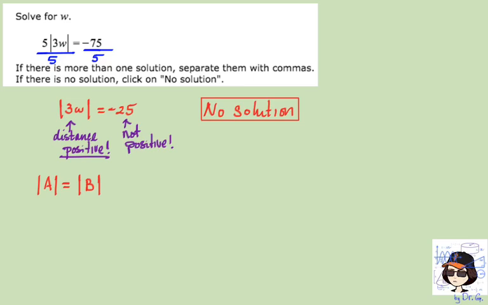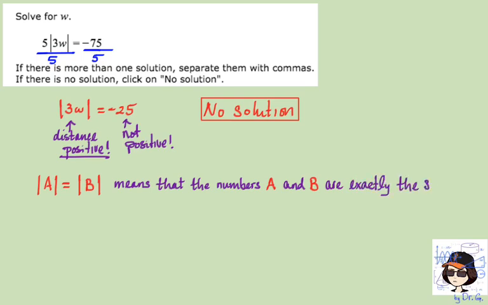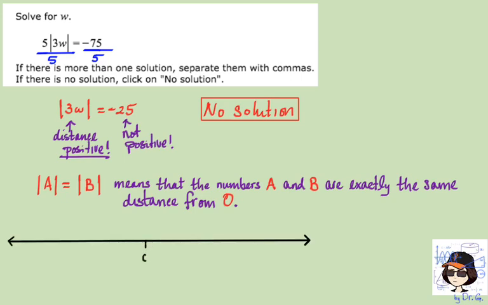If you remember that absolute value is just distance away from 0, this equation just means that the number A and the number B are exactly the same distance from 0. Okay? So what does that mean? How could two numbers be the same distance from 0? Well, let's look at the number line again.